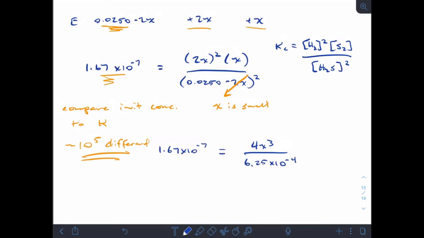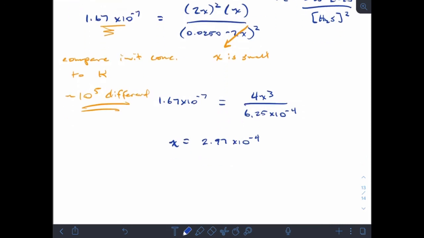So when I solve for x, which will be easy since I've taken that out, x equals 2.97 times 10 to the minus 4. Then I would plug x into the equilibrium expressions and solve for the equilibrium concentrations.